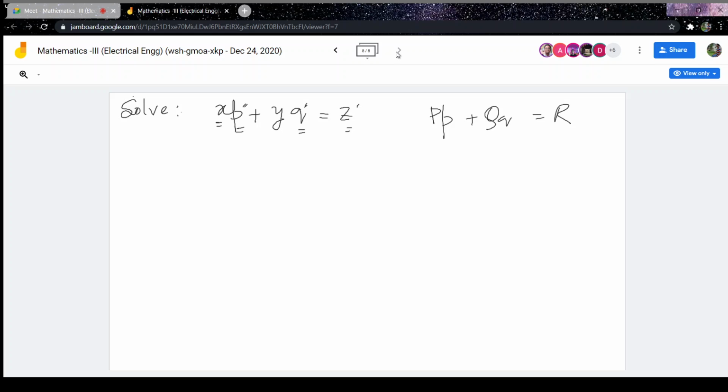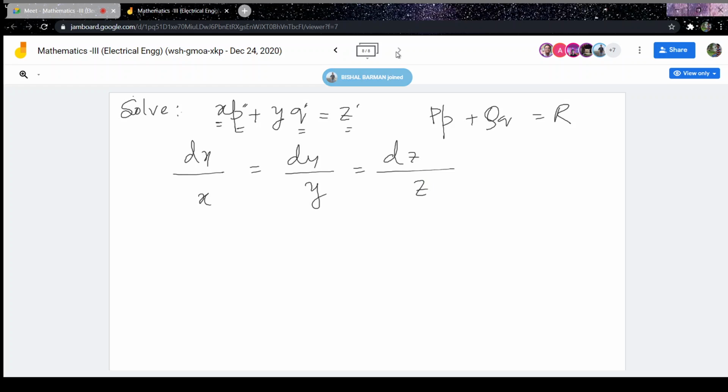So I will write my subsidiary equations as: p is x, q is y, and r is z.